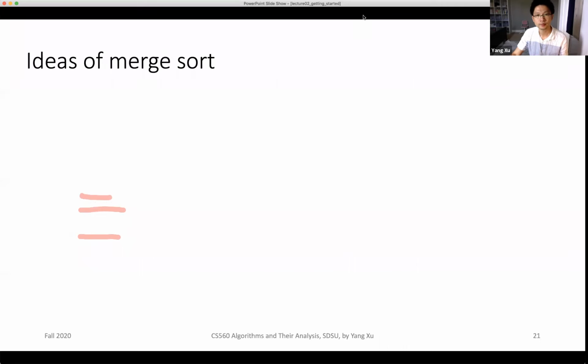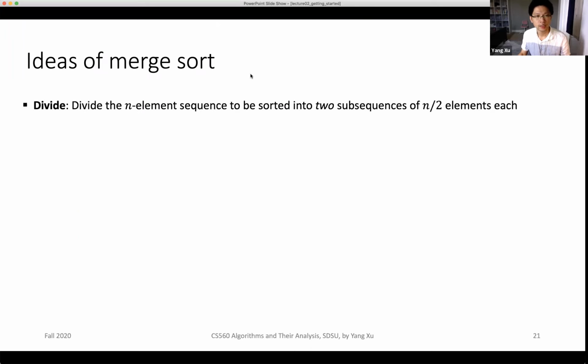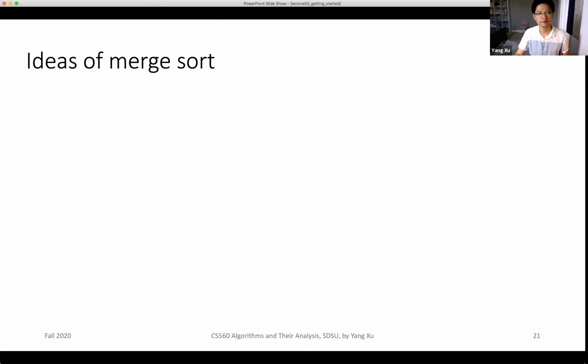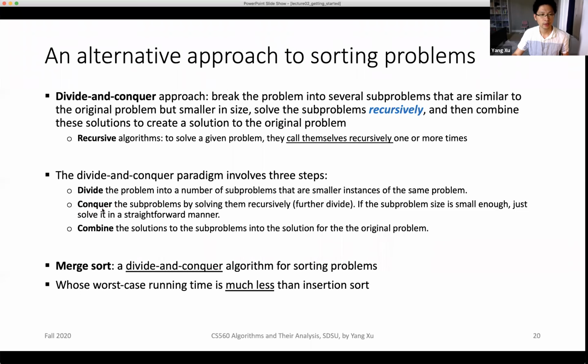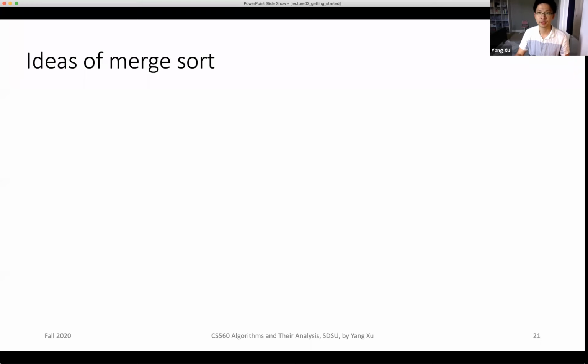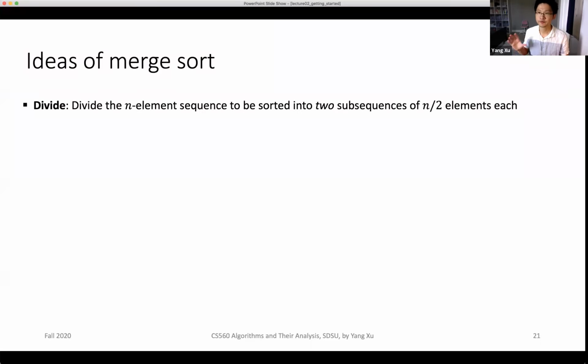All right, let's take a step further. The idea of merge sort, if we follow the divide, conquer and combine paradigm, is that we first need to divide the sorting problem into sub-problems. The problem we want to solve is a sorting problem, so the input is an n-element sequence or array, and we need to sort it.